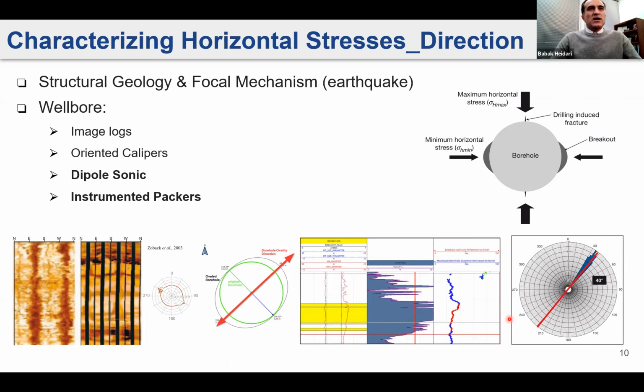I'm going to highlight that in the upcoming slide, but as the dipole shear sonic gets polarized into the fast and the slow shear, they found that the fast shear travels in the direction of the maximum horizontal stress, and the slow shear travels in the direction of the minimum horizontal stress.